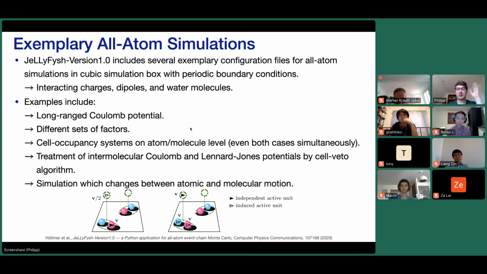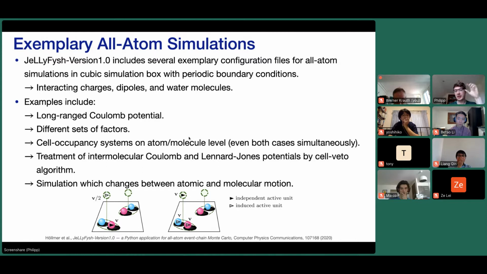But in our configuration file, you just have to say, use this lifting scheme, and that's it. Our examples also use cell occupancy systems on both the atom and molecule level, and we even have a case where we have a cell occupancy system for both simultaneously. And we also treat the intermolecular Coulomb and Lennard-Jones potentials for the water molecules by the cell-veto algorithm.